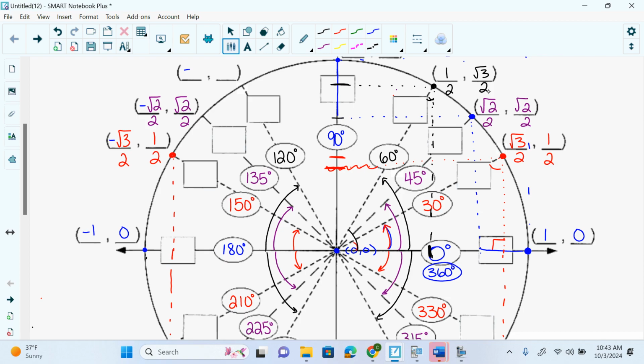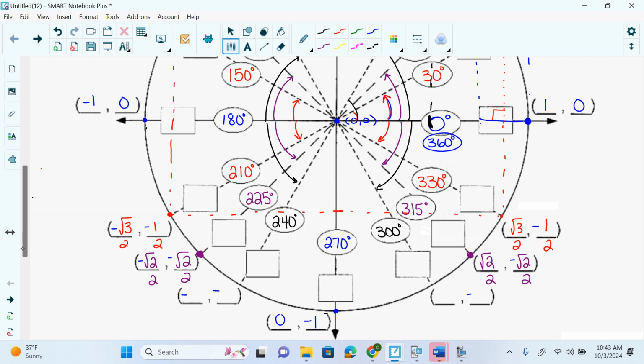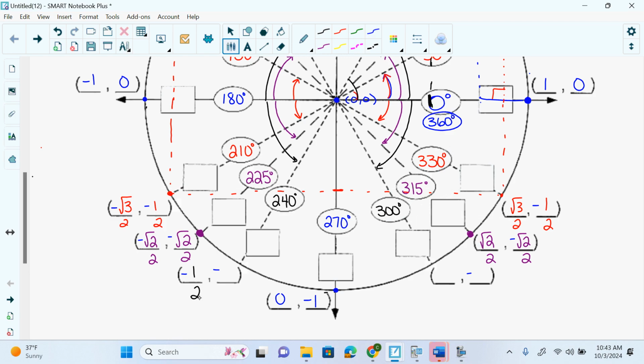You had a flatter triangle, now you have a much more vertical triangle. Half, root 3 over 2 for this one. And then this is going to be negative a half because it took me over to here. And then negative root 3 over 2. And then this is a half, and negative root 3 over 2.